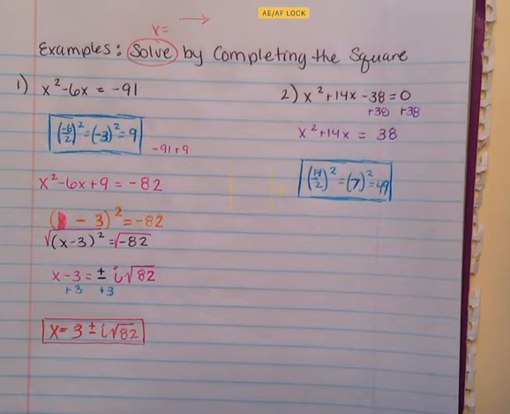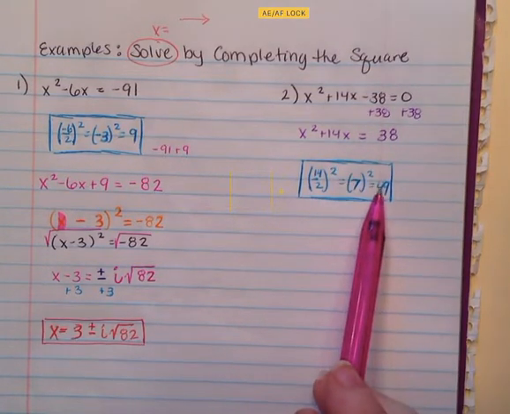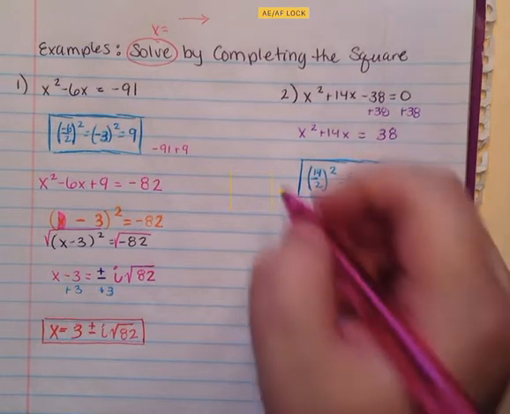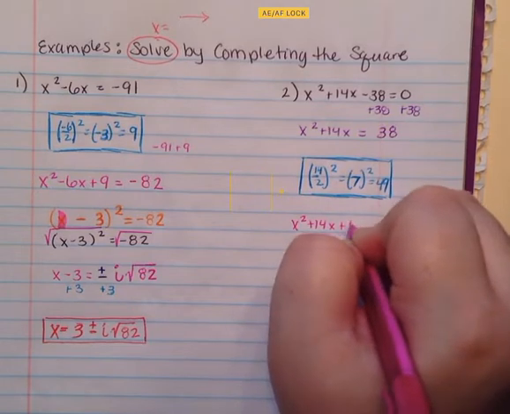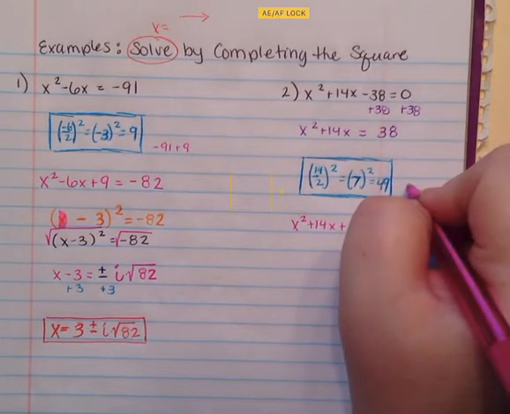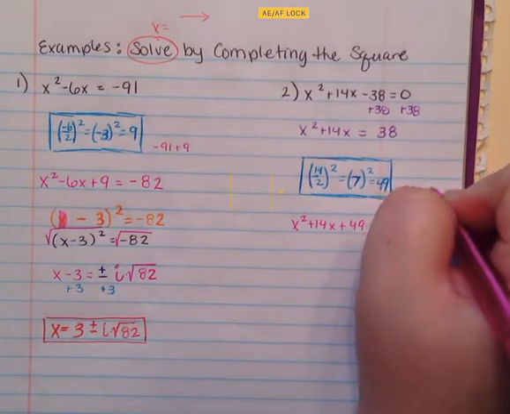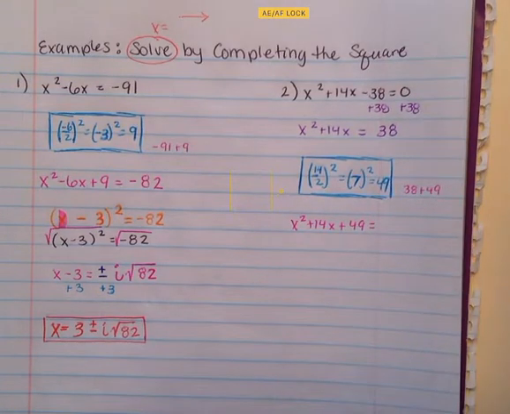Now we add the 49 to both sides of the equation. So we'll have the x squared plus 14x plus the 49 is equal to, then we have that 38 plus 49. 38 plus 49 is equal to 87.